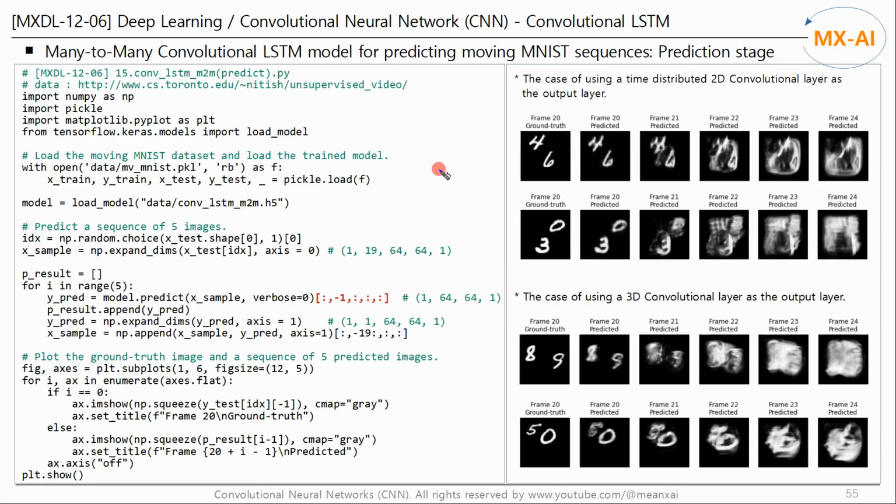Next, let's use this model to predict a sequence of images. Load training data and test data, and load the trained model. The code to predict the next image is identical to the code used for the many-to-one model. The only difference is that we only use the last image from the outputs of this model.